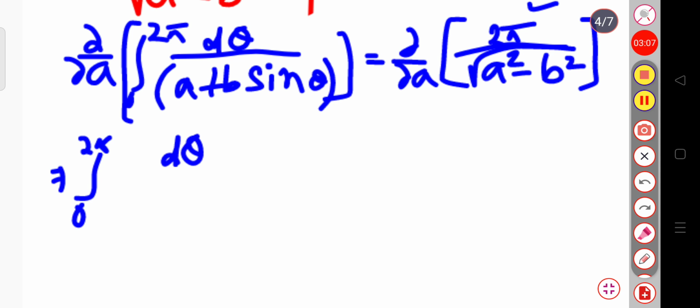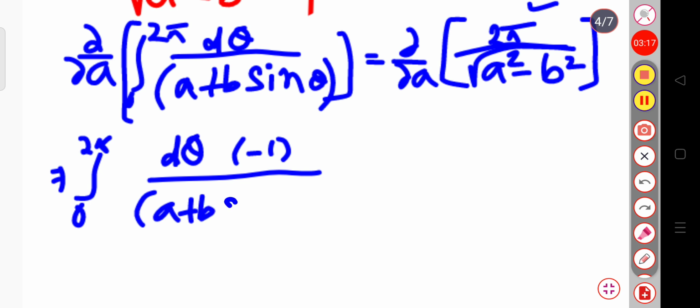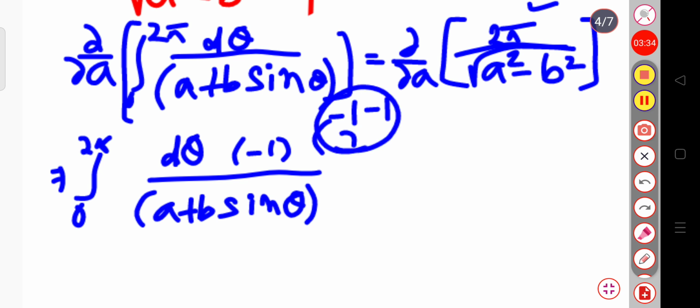If I take the derivative with respect to a, this will become minus 1 divided by a plus b sin theta whole square. While taking the derivative the power goes from minus 1 to minus 2, since again minus 1 gets added. I think you can calculate this, it is a normal derivative.